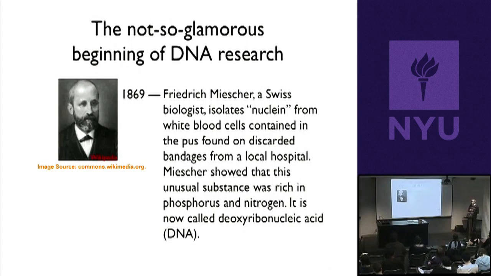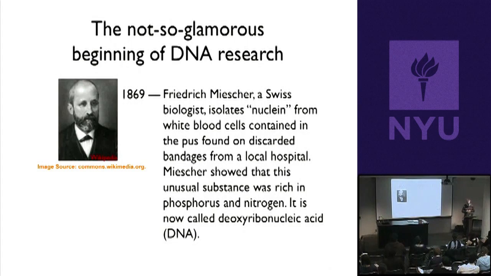And the best place to get them was the hospital down the street. Because they would just throw out all their bandages when the patients were wrapped up, and the bandages had all this pus in it, and that was mostly white blood cells. So what he would do is collect all of these bandages, get the cells, isolate the nuclei from the cells, and then do chemical experiments to try and figure out what those nuclei contained.